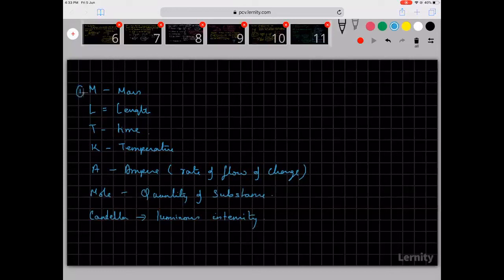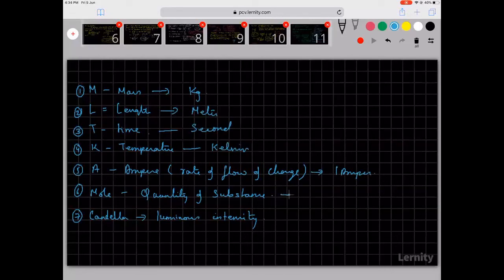Okay, so there are these 7 fundamental dimensions which give rise to 7 fundamental quantities which are very, very well defined. This leads to kilogram, meter, second, Kelvin, 1 ampere, 1 mole, and 1 candela.